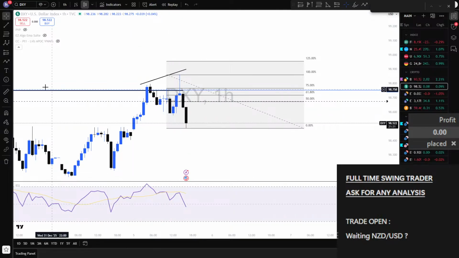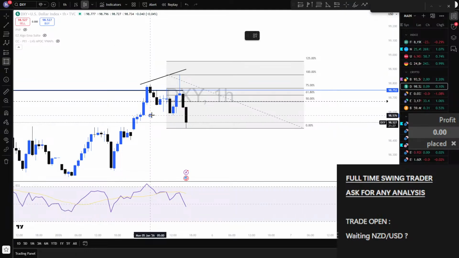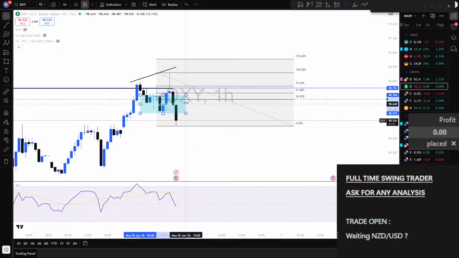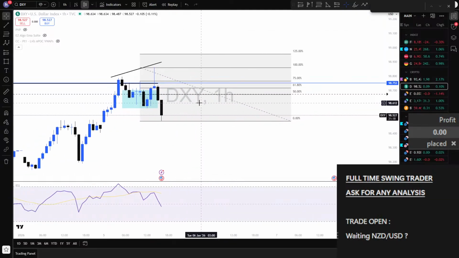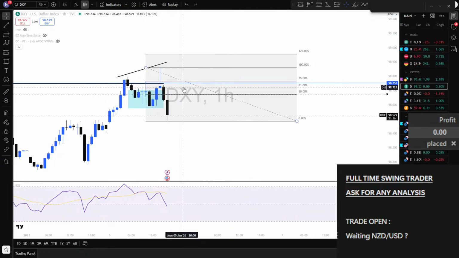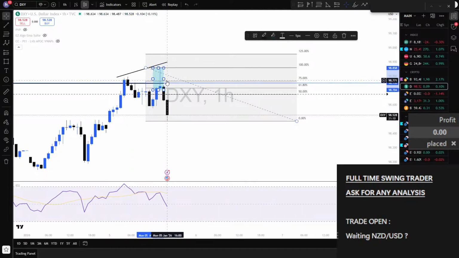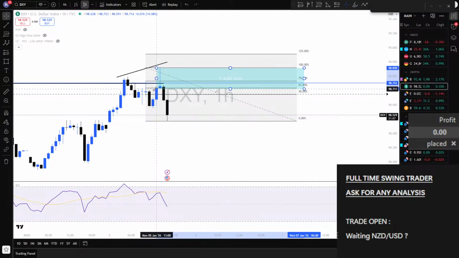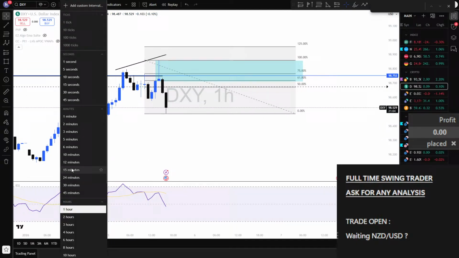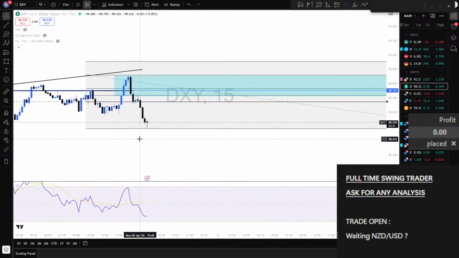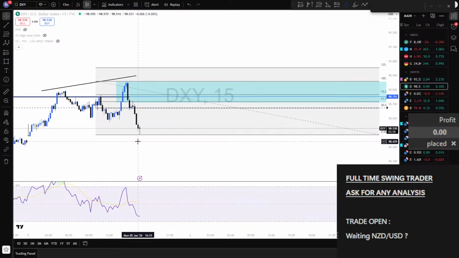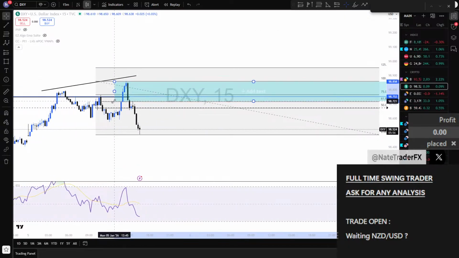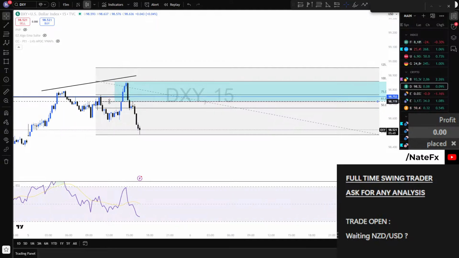He's breaking the supply. And it's exactly the same. You need to go in 15 minutes to see the liquidity to take, and it's almost the same.